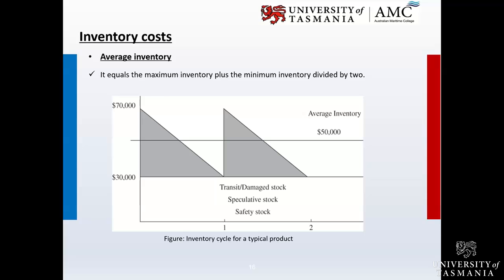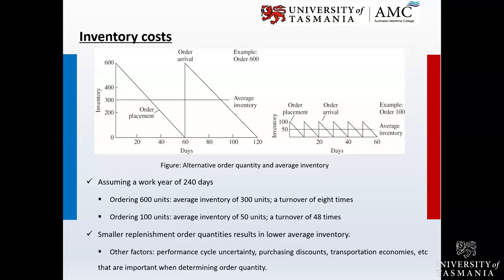It will be 50,000. Also, here we find the minimum inventory level is 30,000, and all these include transit stock, speculative stock, and safety stock. So we get the average inventory.